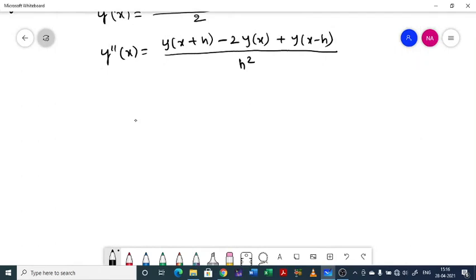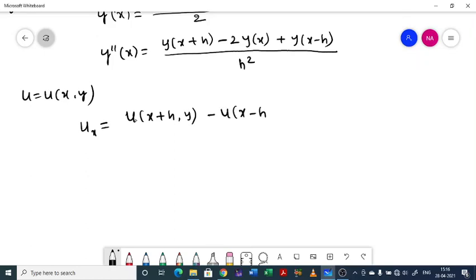Similarly, we may approximate partial derivatives. If you consider u equal to u of x comma y, then its first order partial derivatives may be approximated as follows: ux equal to u of x plus h comma y minus u of x minus h comma y by 2h.